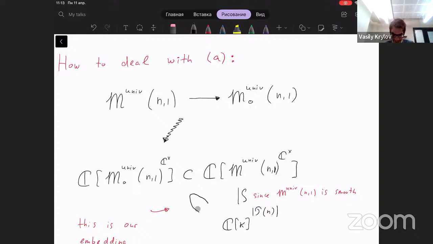And this is exactly the embedding that we were searching for. So it's very natural from this perspective also. In other words, you just take a function here, take its pullback here, and then restrict to fixed points. Any questions about this?